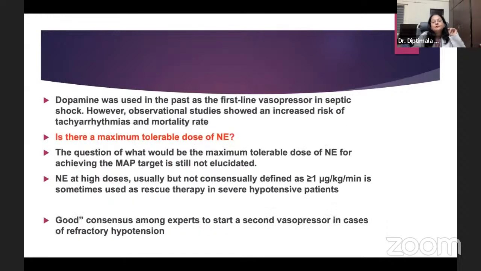Dopamine was used in the past as the first-line vasopressor in septic shock. However, observational studies showed an increased risk of tachyarrhythmias, and thus mortality.